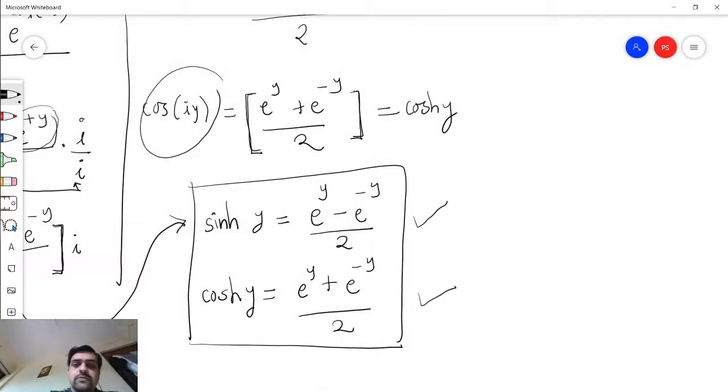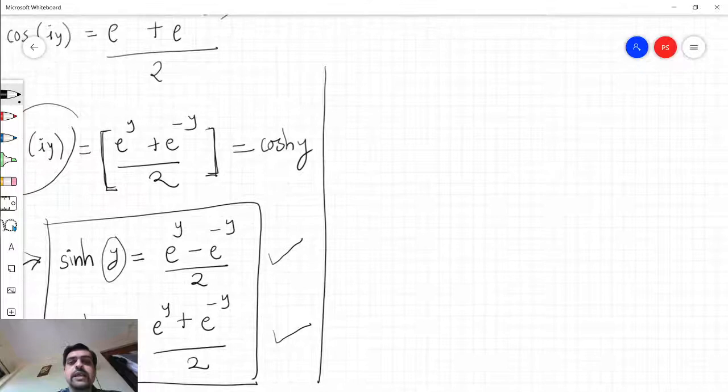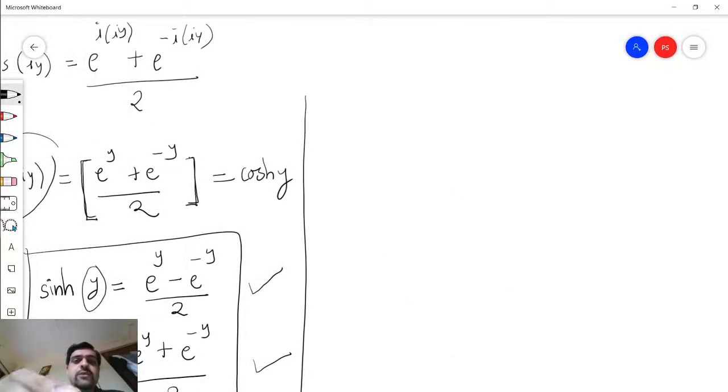Now, since these derivations are general, this y could be any number. So instead of y, we can write these hyperbolic functions for complex numbers.